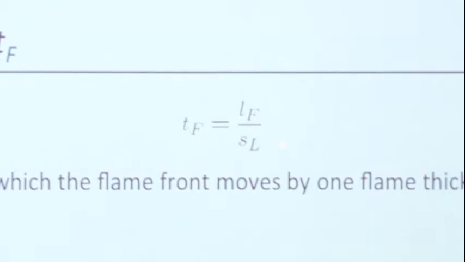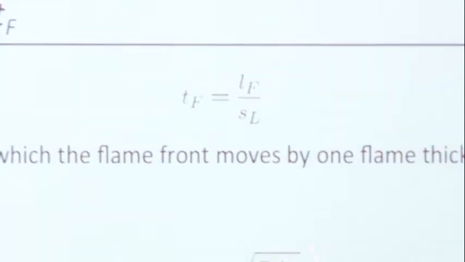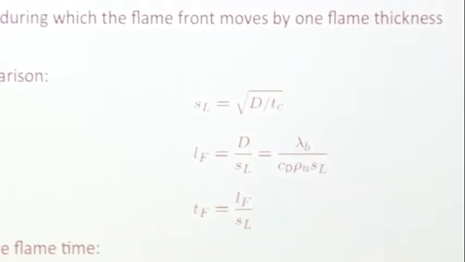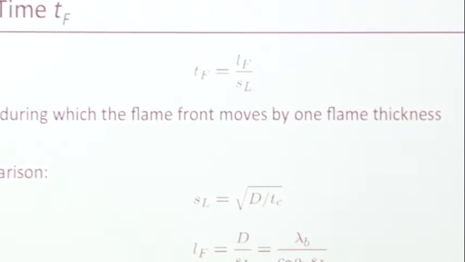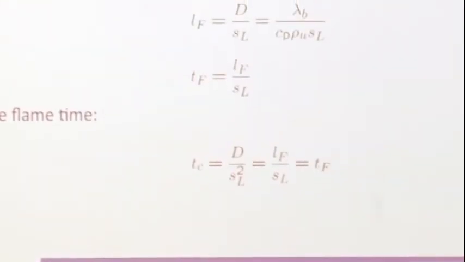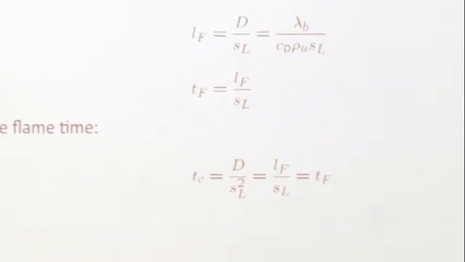It's obvious, but it's a subtle thing which is interesting: if I compare this now with the earlier relations, then you see that the chemical time scale has to be equal to the flame time.